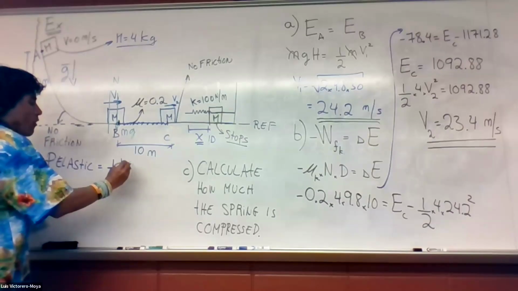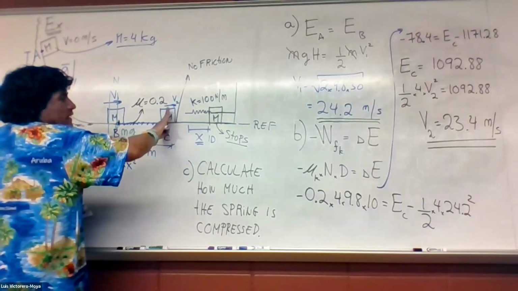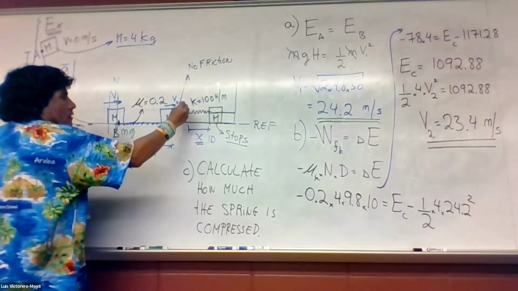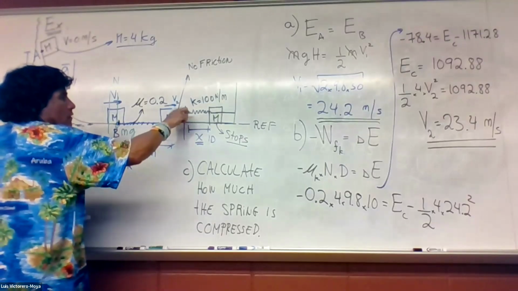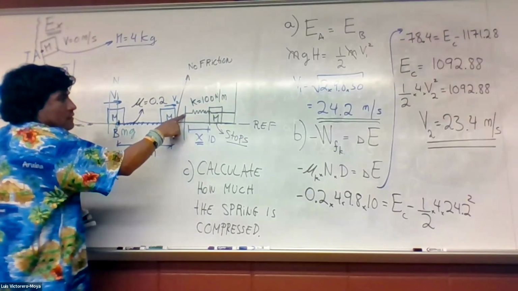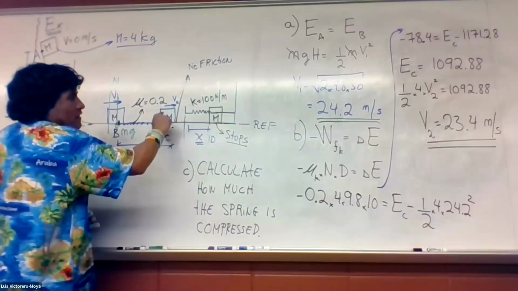At this point, kinetic is 0, but there is elastic potential. Okay. Right before the mass hits the spring, what's the energy here? What's the energy here, right at this instant? Is it 1,092.88? Yeah, it's the kinetic energy.